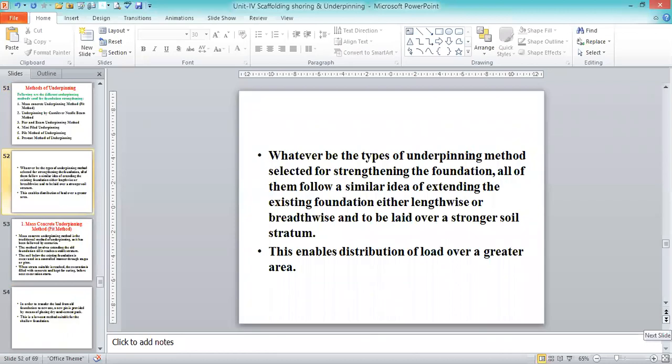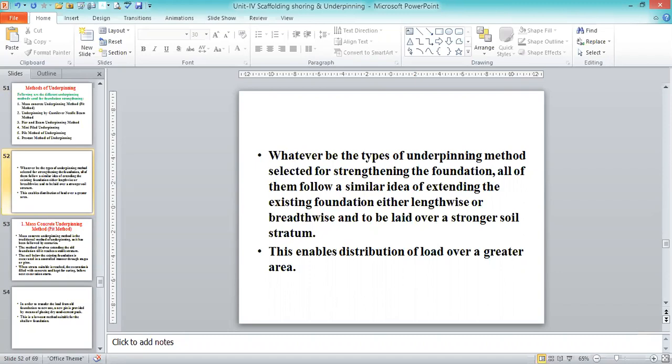Whatever the six methods I explained, whatever the type of underpinning method selected for strengthening the foundation, all of them follow a similar idea. All the six treatments have a similar idea of extending the existing foundation, either lengthwise or breadthwise. This is the most important parameter we have to understand.